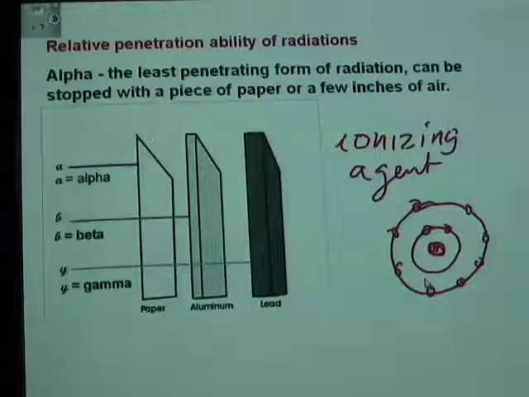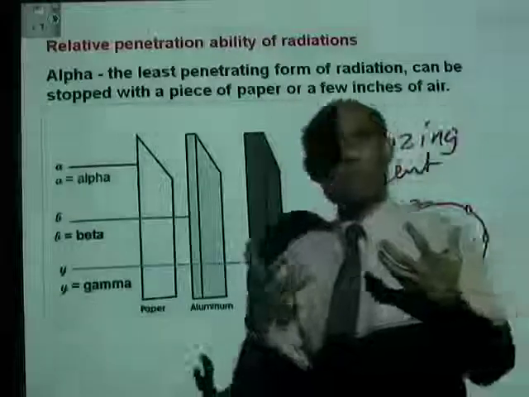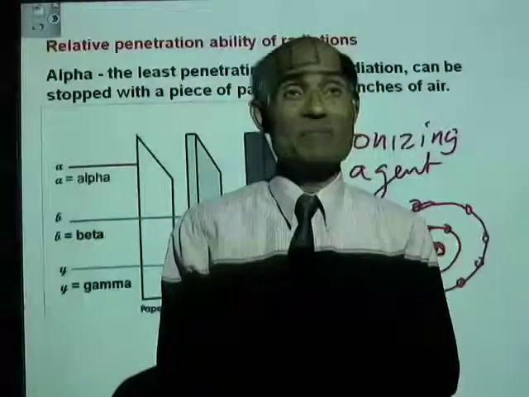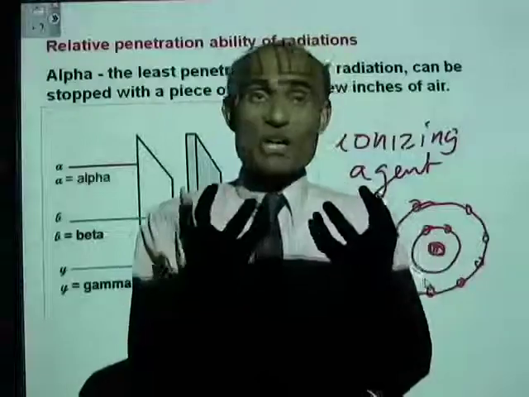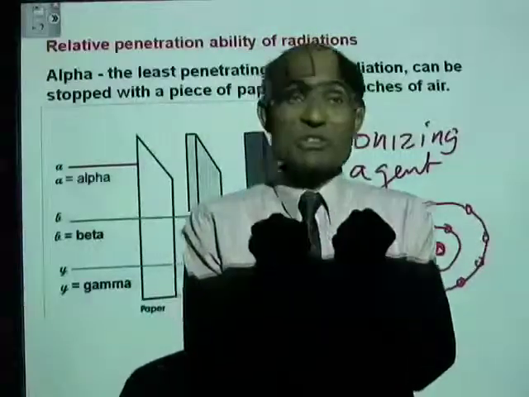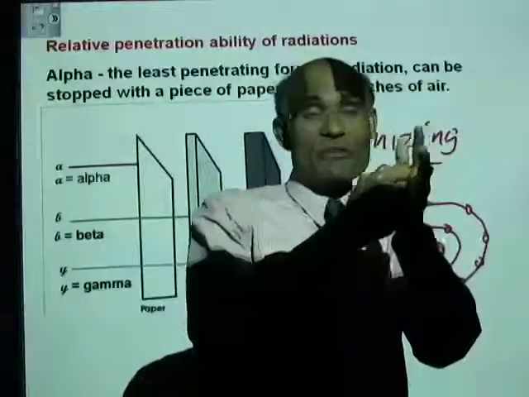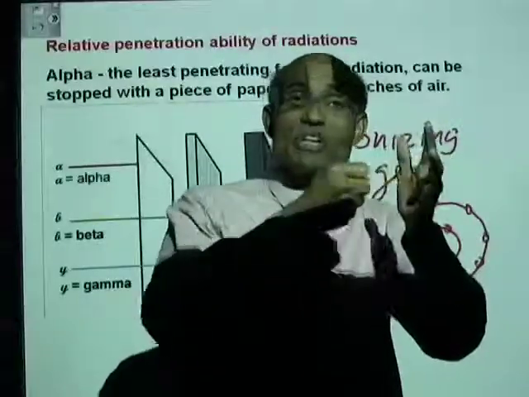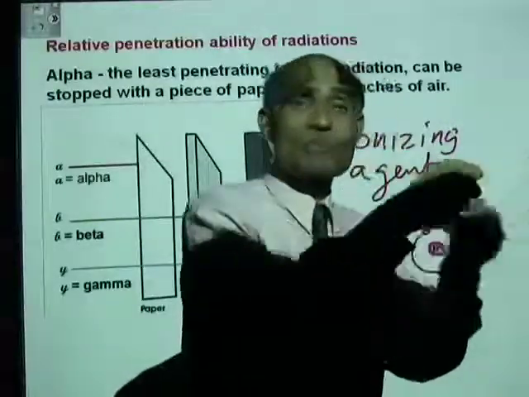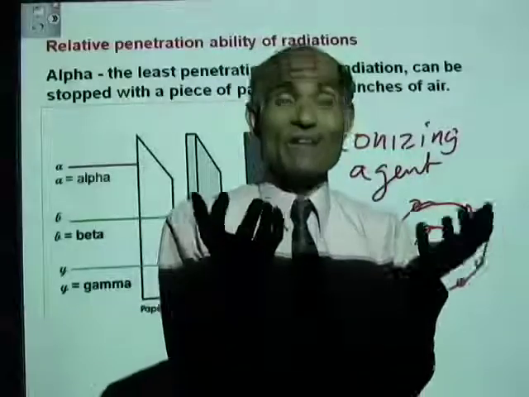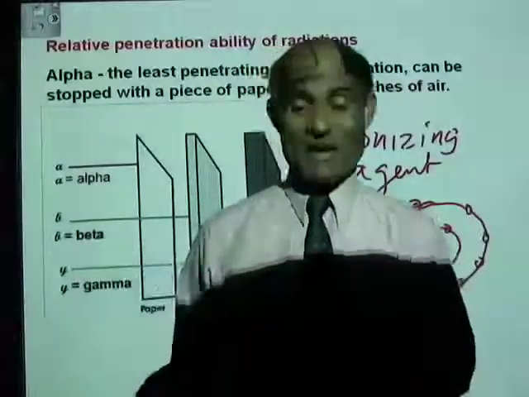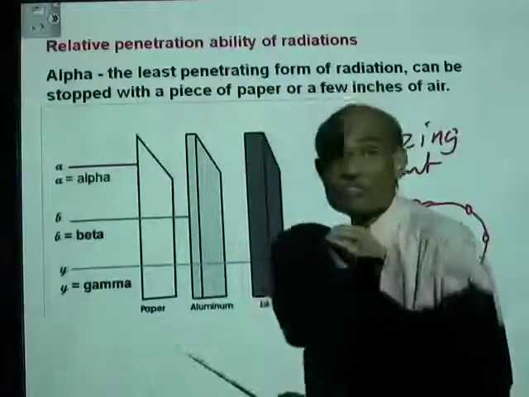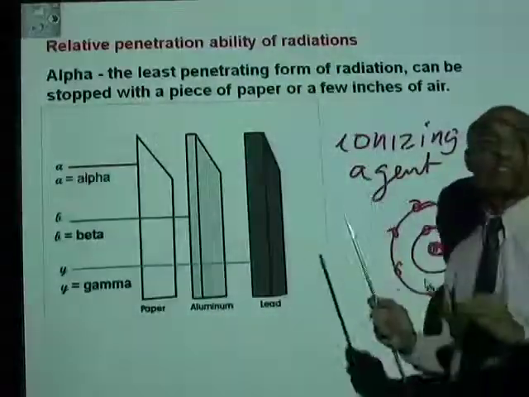Now, which of these radiations is a better ionizing agent? Alpha, beta, or gamma? Because alpha is massive, along its path, although its path is very limited, it can knock off electrons from atoms much more readily than other radiations. That means alpha radiations are very effective ionizing agents.